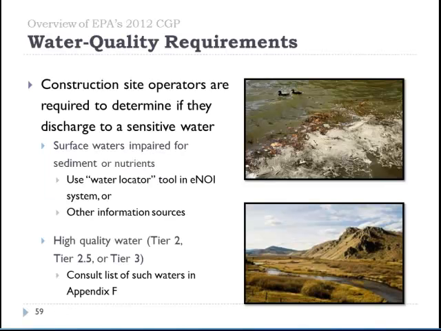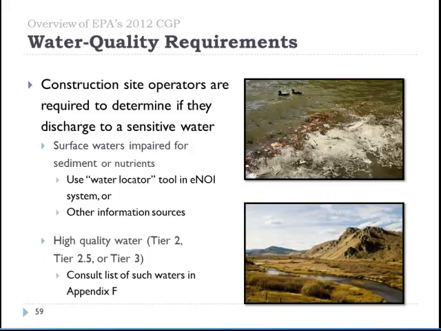So the water quality requirements only apply if a site discharges to a sensitive water. So the first step to determine if these requirements apply is determine if you discharge to a sensitive water. For discharges to impaired waters, which are waters that are either on the 303D list or waters that have a completed total maximum daily load, or TMDL.